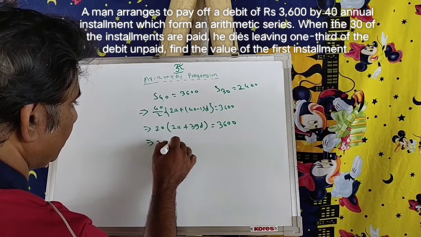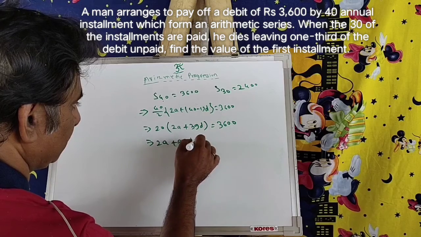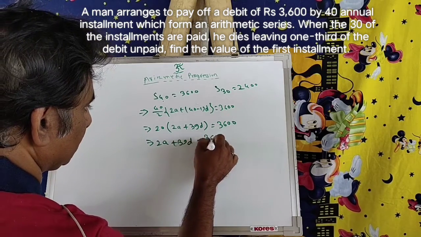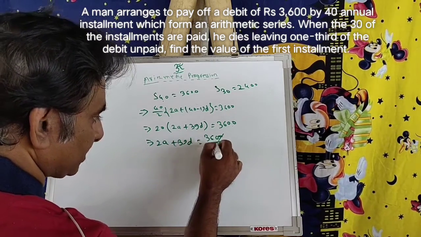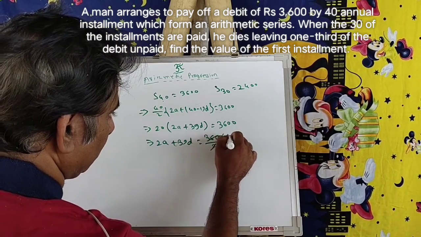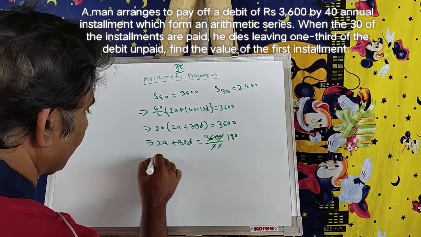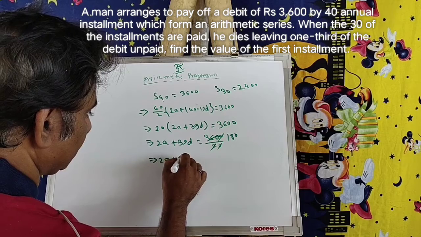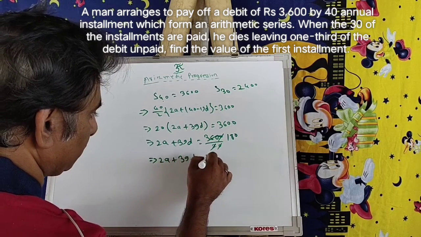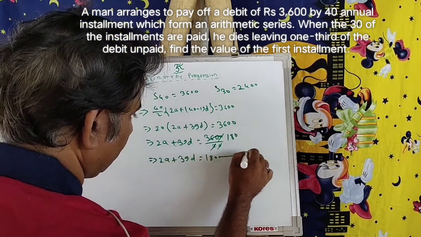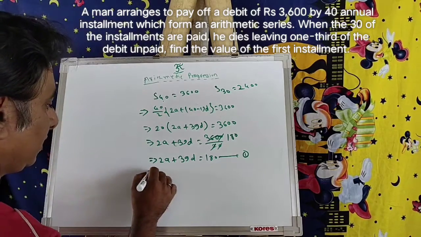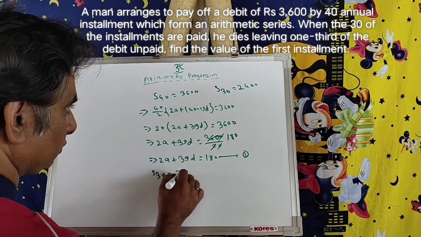This implies 2a plus 39d is equal to 3,600 by 20, that is 180. So 2a plus 39d is equal to 180. This is number 1.